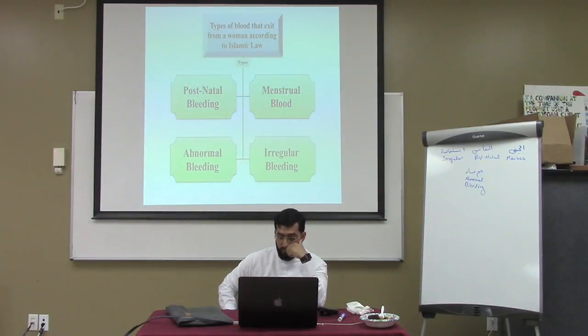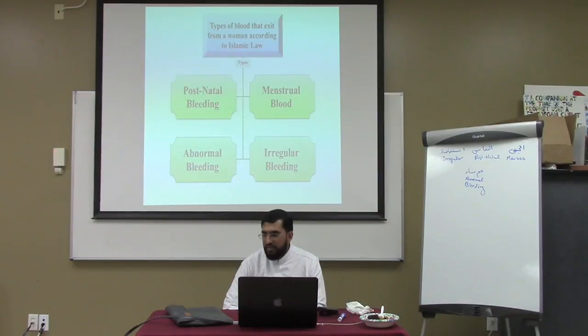Abnormal is defined as every type of bleeding that comes from a woman that is not menstrual, not irregular, and not postnatal. That is not one of the last three. And it has different scenarios. Just write it has different scenarios, we'll fill in those scenarios.